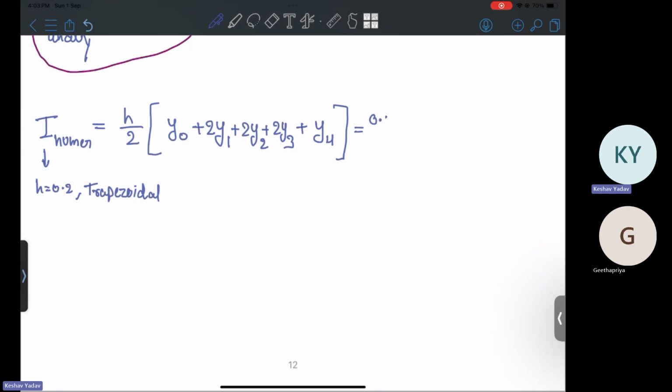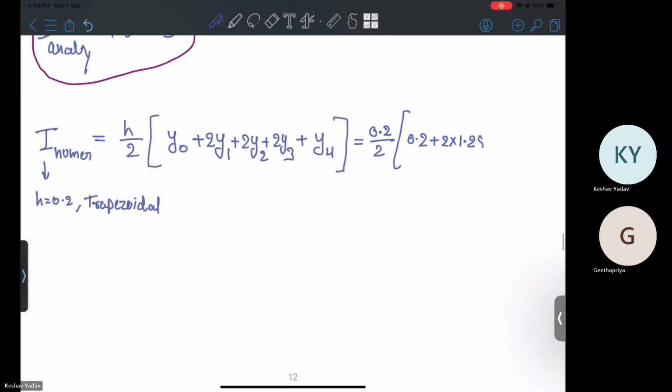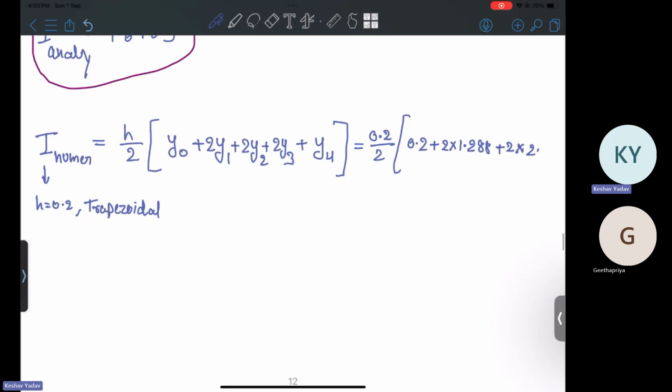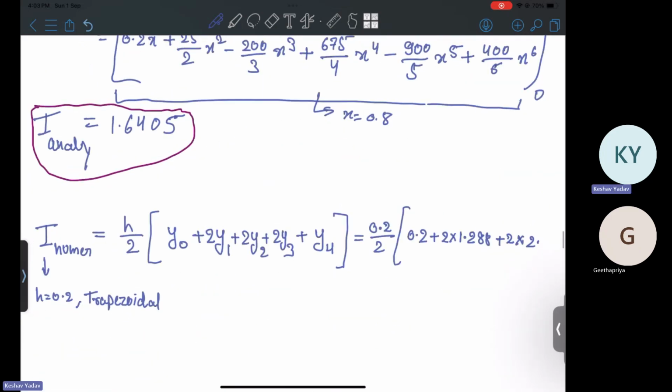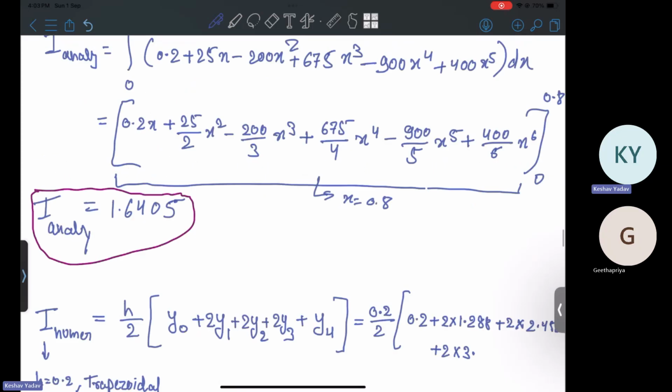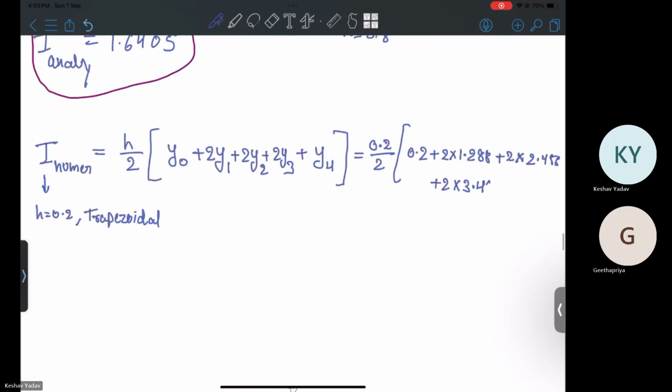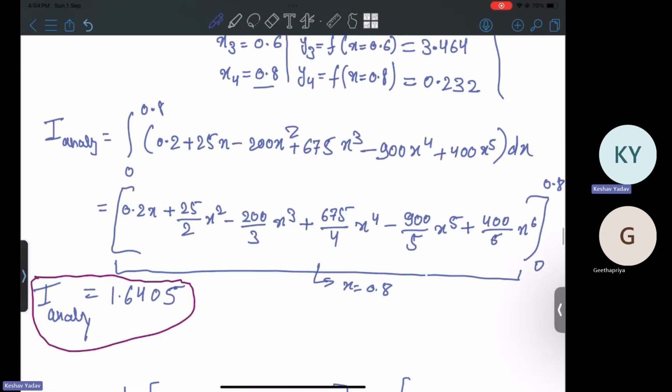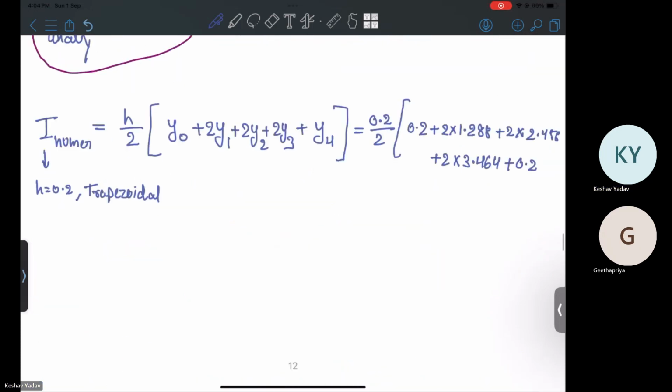So this is 0.2 divided by 2. y0 is 0.2, plus 2 multiplied by y1, which is 1.288, plus 2 multiplied by y2, which is 2.456, plus y3, which is 3.464, plus y4, which is 0.232. Now if you do the calculation, what value are you getting?